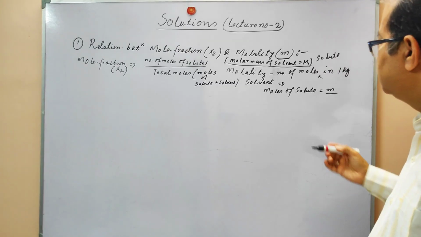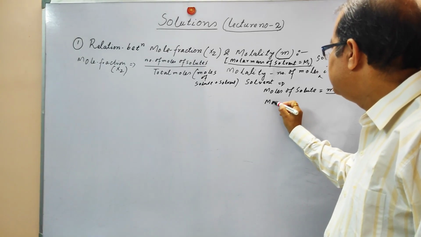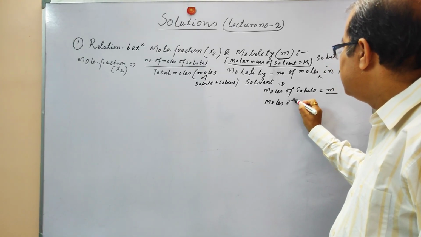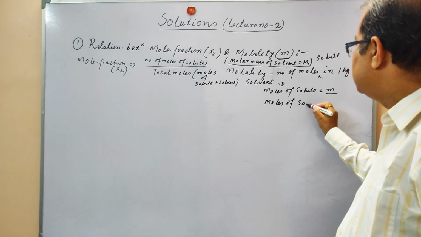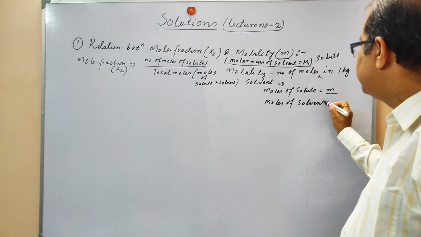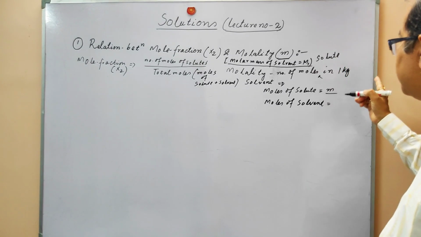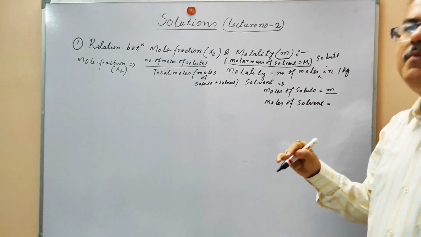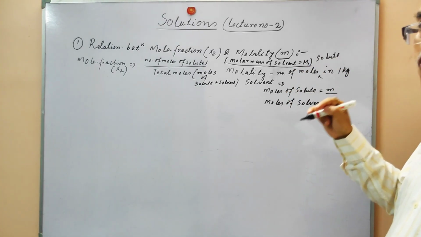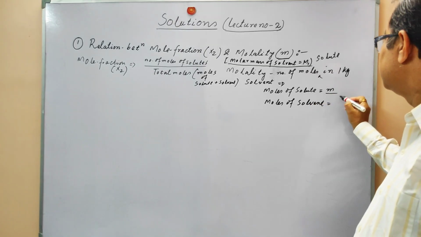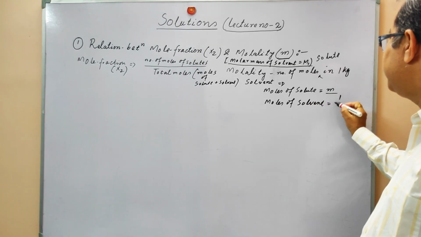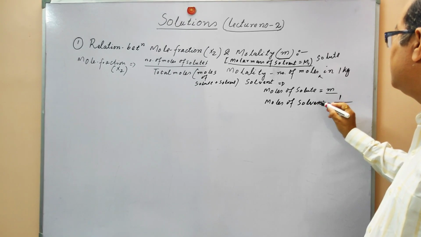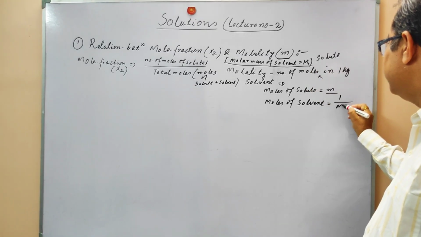So moles of solvent: because it is 1 kilo, the mass given divided by the molar mass will be its moles. So 1 kilo is the mass given and its molar mass is M1.